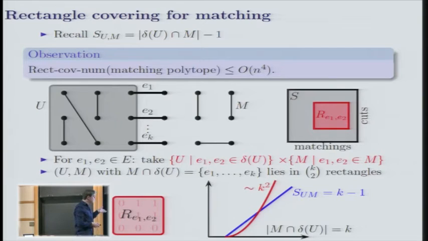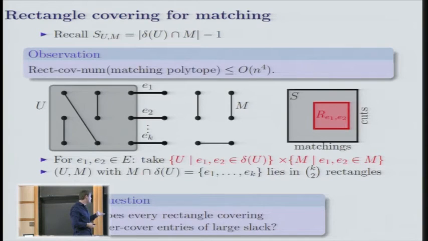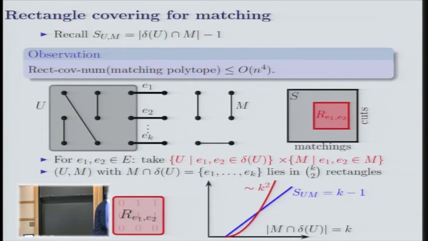So the question, which is a little bit naive, is: maybe whenever you have a rectangle covering, let's say with polynomially many rectangles, then always these entries where you have a large slack are overcovered. Because if you have an entry and you expect a slack of roughly k, you cover that entry a quadratic number of times. So maybe this is an effect that you have in generality.